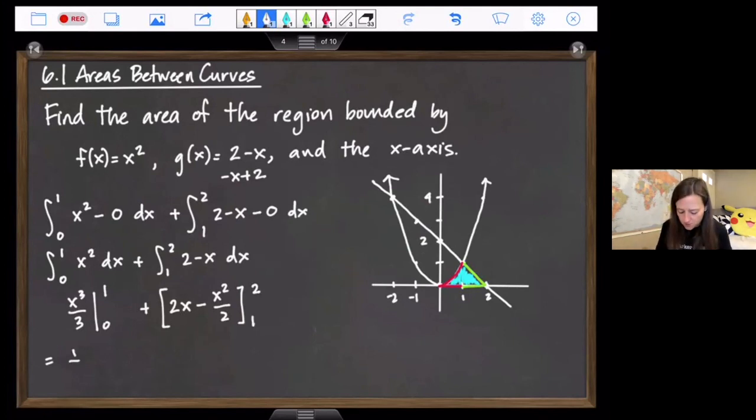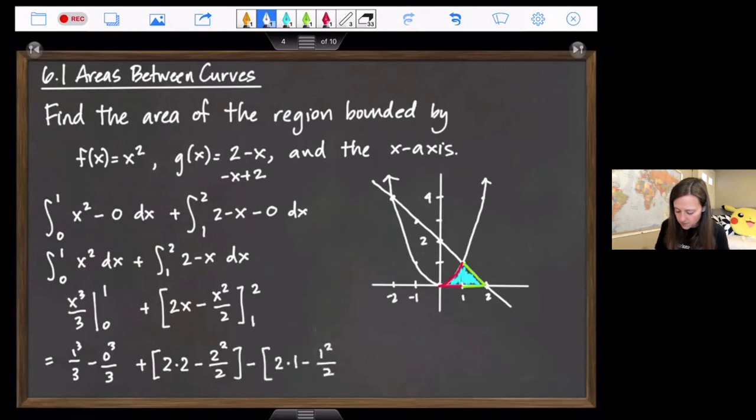So I've got 1 cubed over 3 minus 0 cubed over 3. And then we'll do the limits for the brackets. So we're going to plug in 2. So I'm going to have 2 times 2 minus 2 squared over 2 minus 2 times 1 minus 1 squared over 2. All right, so just some arithmetic to go and we'll be done.